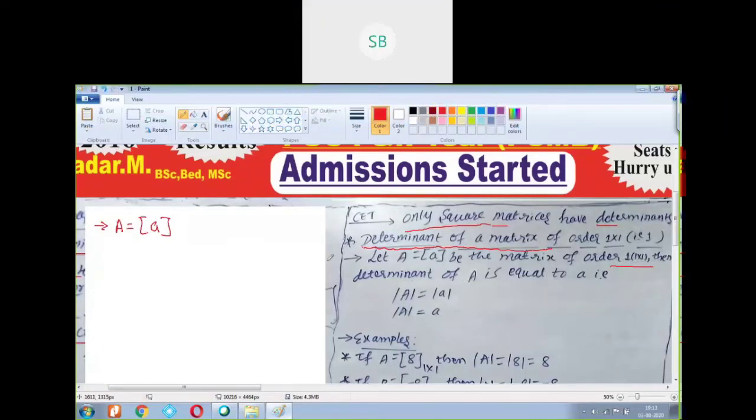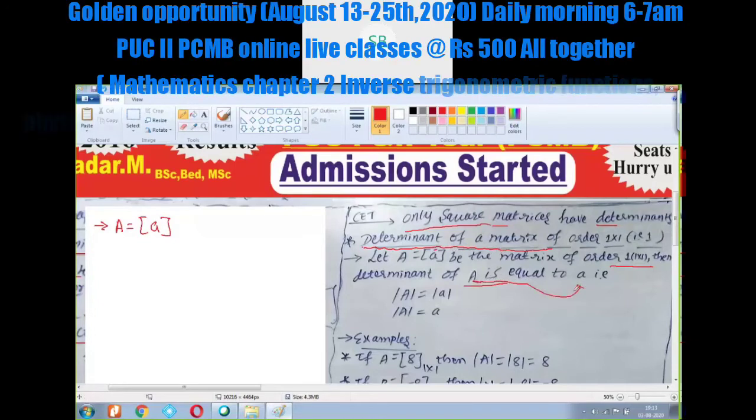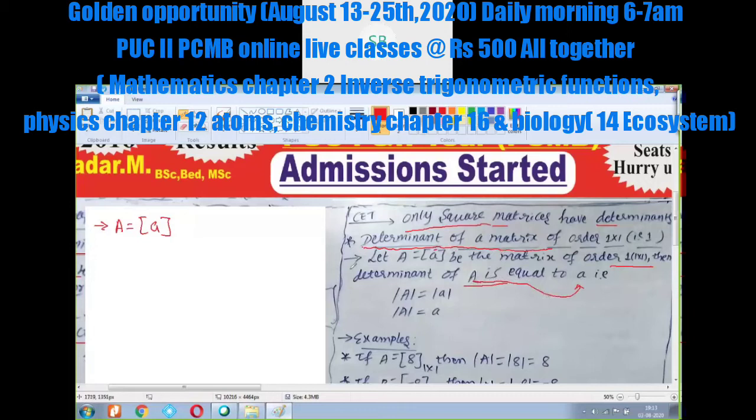The determinant of A is equal to that small a. So here the determinant value will be the same element itself.